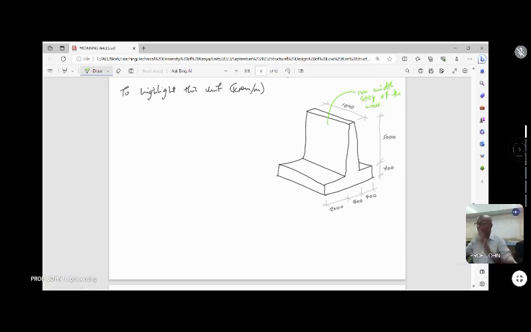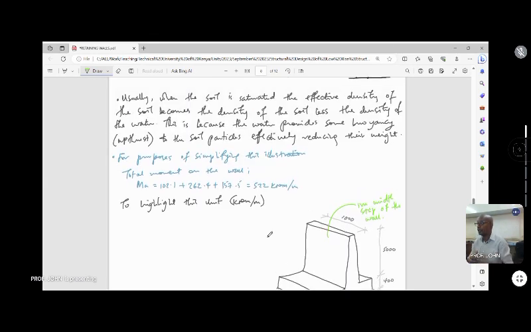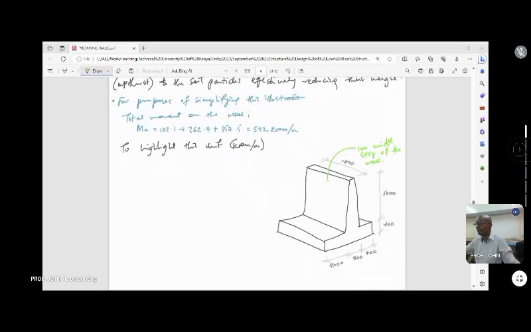We are only imagining a 1 meter width strip. Okay, so we got a total bending moment value of 522 kilonewton meters per meter.